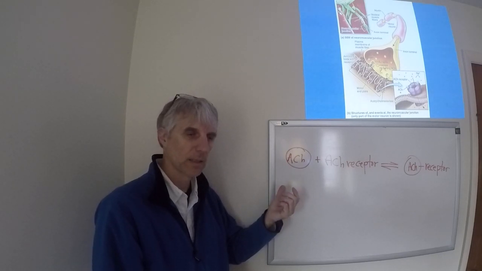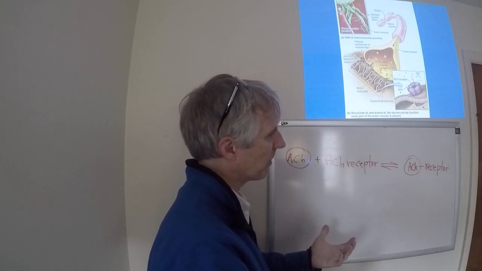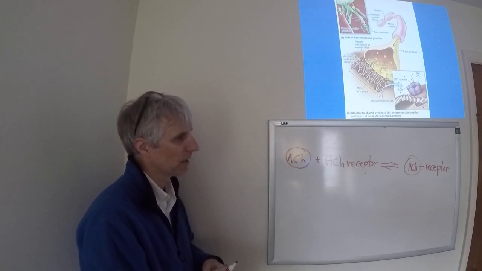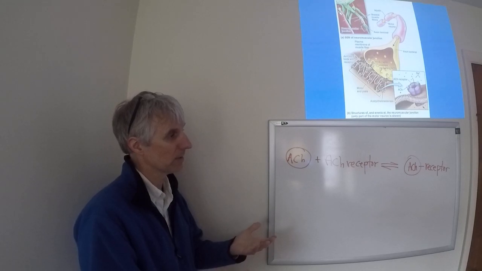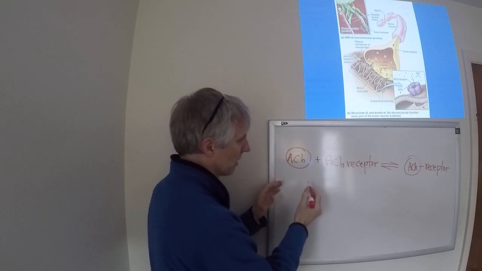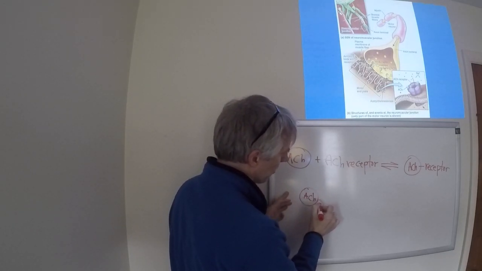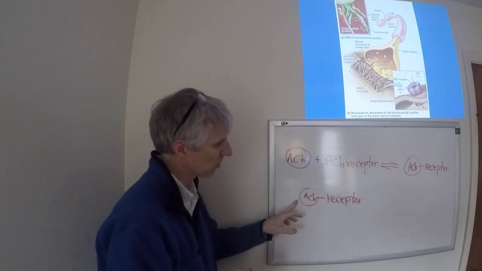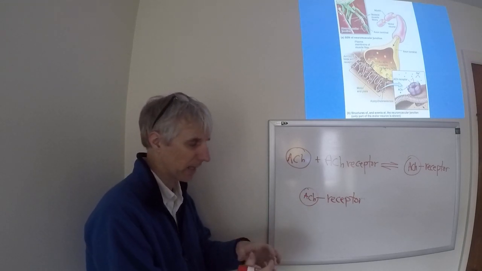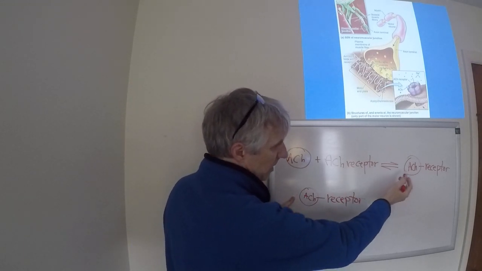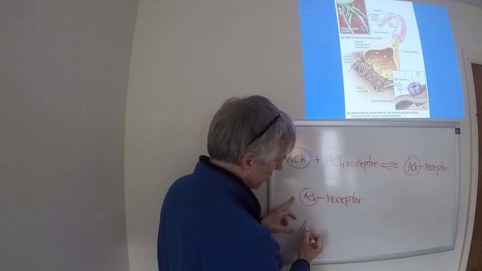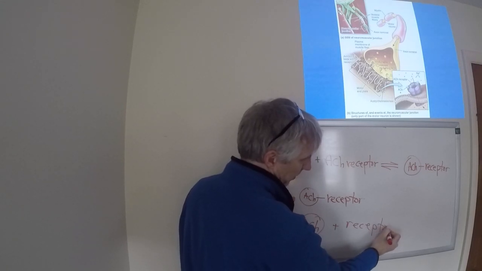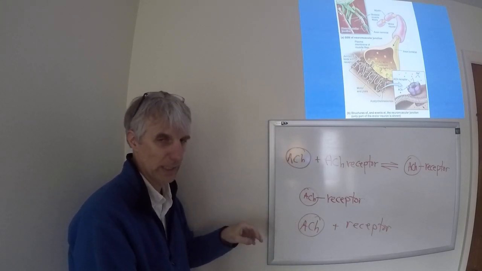that isn't. But at any given point in time, even though this percentage should stay relatively constant, the individual acetylcholines are doing different things. Some free acetylcholine bumps into a receptor to form the acetylcholine receptor complex, and at the same time, some acetylcholine is falling off of receptors to produce more free acetylcholine.